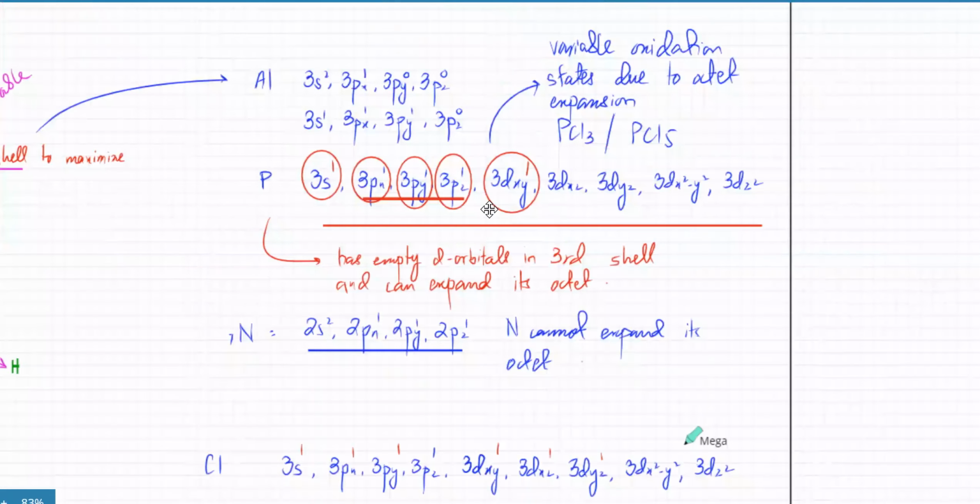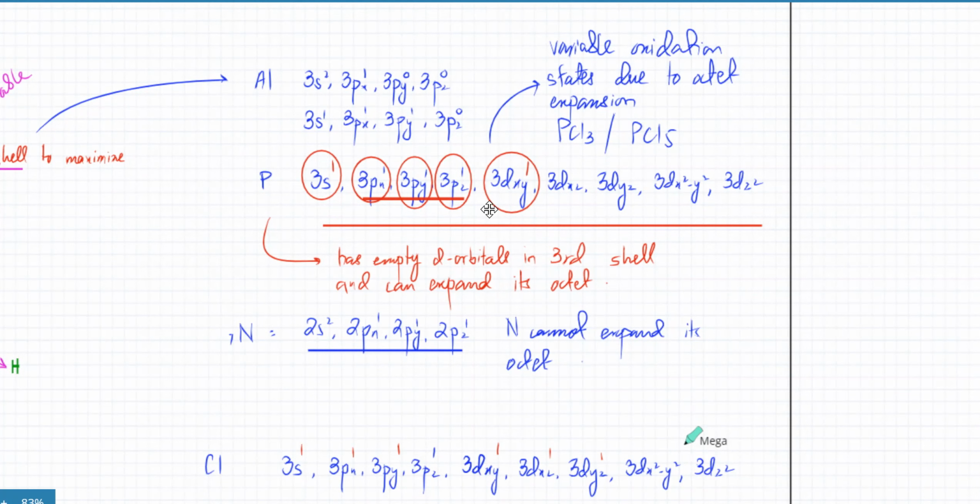This will happen in period 3 and after that, because then the shells are going to be bigger. So even in period 4, 5, those are going to be huge shells, right? So they can have as many electrons as possible.